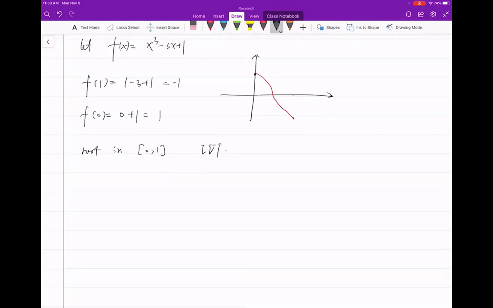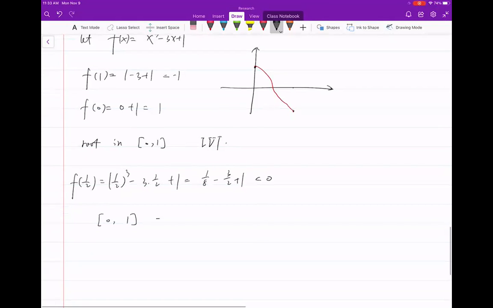Okay. After that, what do we do? We do F1 half. If we calculate what F1 half is, which is less than 0, then we know actually we can start from this one. We narrow it down to be between 0 and 1/2.